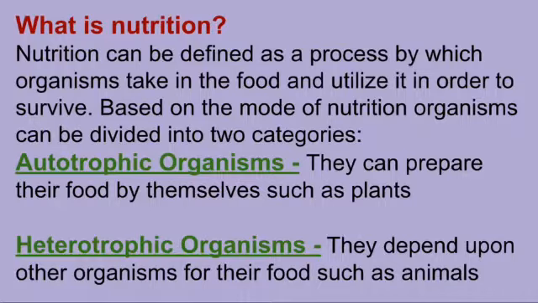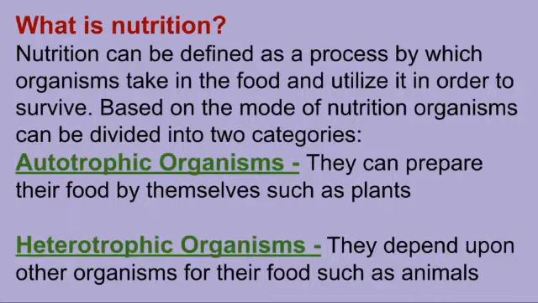Based on the mode of nutrition, organisms can be divided into 2 categories: autotrophic organisms and heterotrophic organisms. So what are autotrophs? Let's get the meaning. Auto means self and troph means nourishment. The organisms which can prepare their food by themselves are called autotrophs.